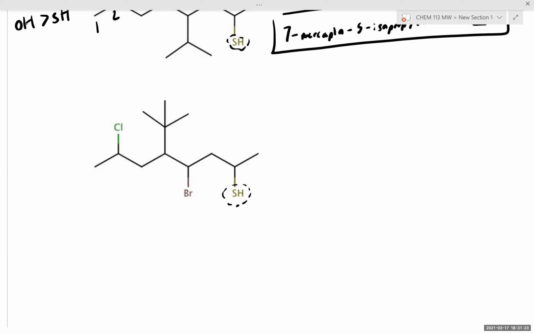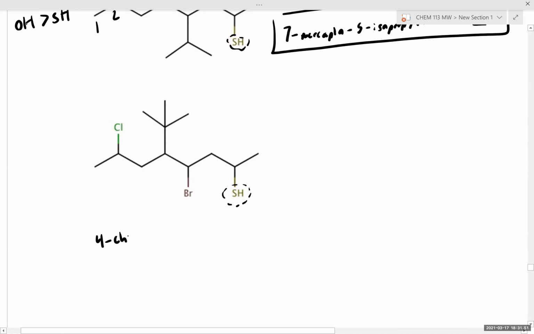So would anyone like to share a proposed name for this compound? So we have a few proposed names, but we see a common trend.